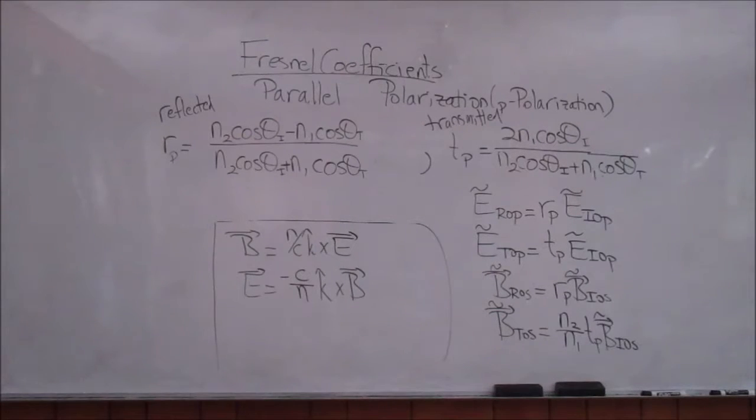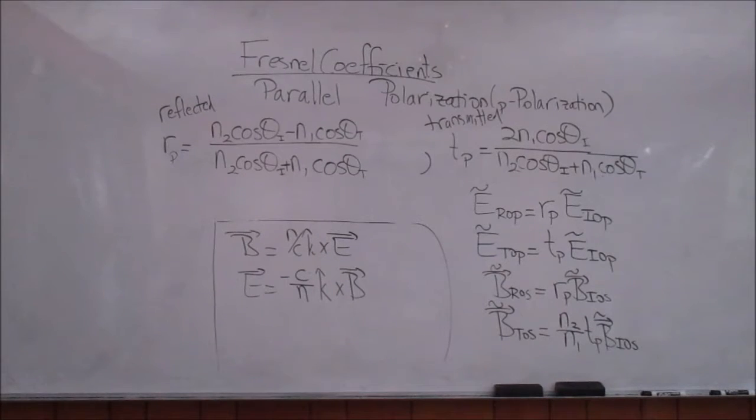The Fresnel coefficients for p polarization are given by: for the reflected wave, n2 cosine theta I minus n1 cosine theta t, all over n2 cosine theta I plus n1 cosine theta t. For the transmitted coefficient, 2 n1 cosine theta I, all over n2 cosine theta I plus n1 cosine theta t.